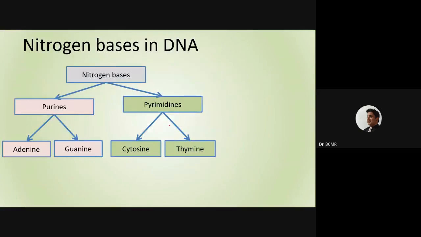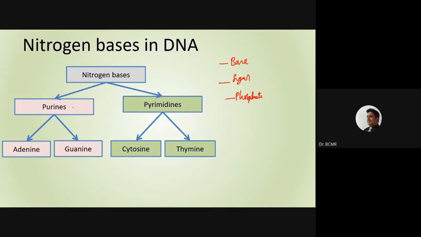So I think we all know that nucleic acids contain a nitrogenous base, a sugar, and a phosphate. These are the key 3 things that are present in nucleic acids.